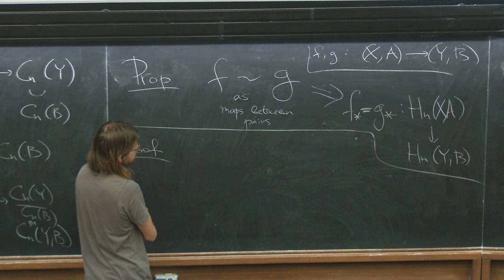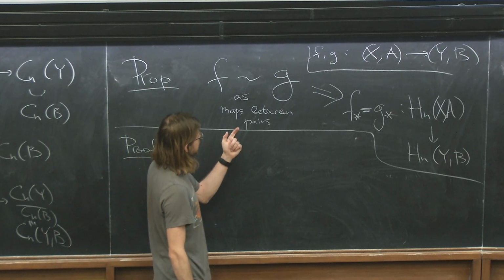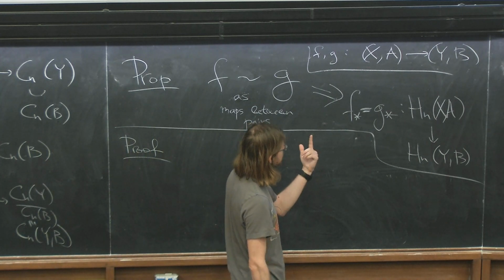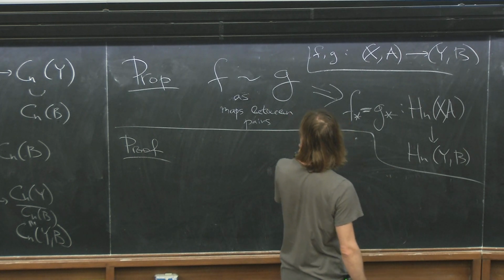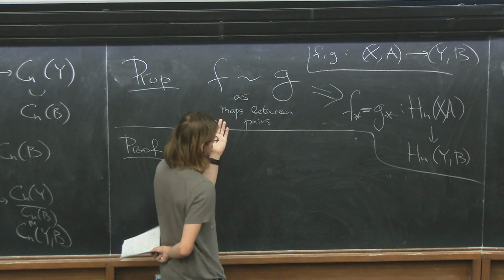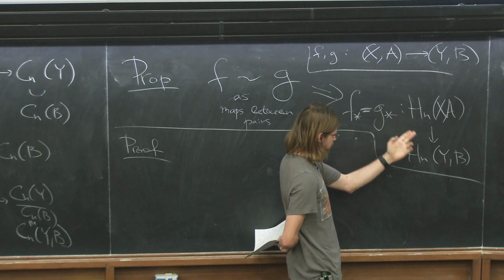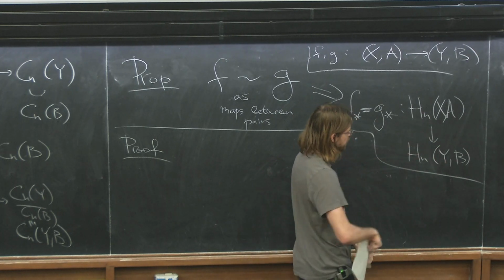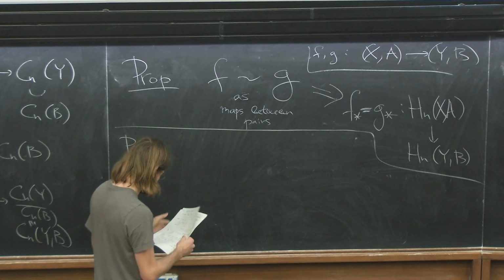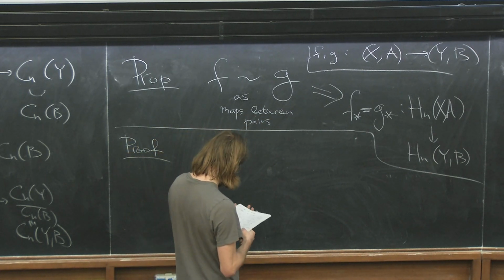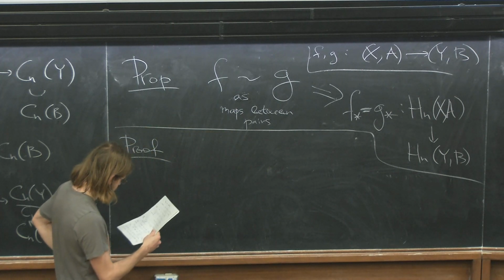So essentially we want to refer to the statement in the non-relative case, when F and G were just a pair of maps between topological spaces X and Y, and we showed that if they're homotopic in the usual way, then their push forwards on non-relative homology groups, just without this A and B, are the same. So this we already proved, and I will refer to this proof.